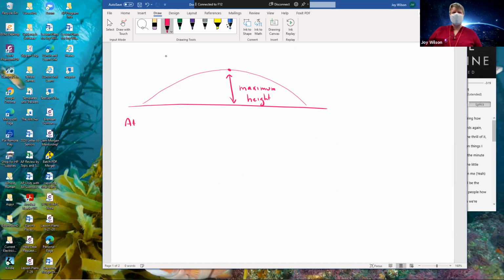At what time does max height occur, if the object is launched from the ground?